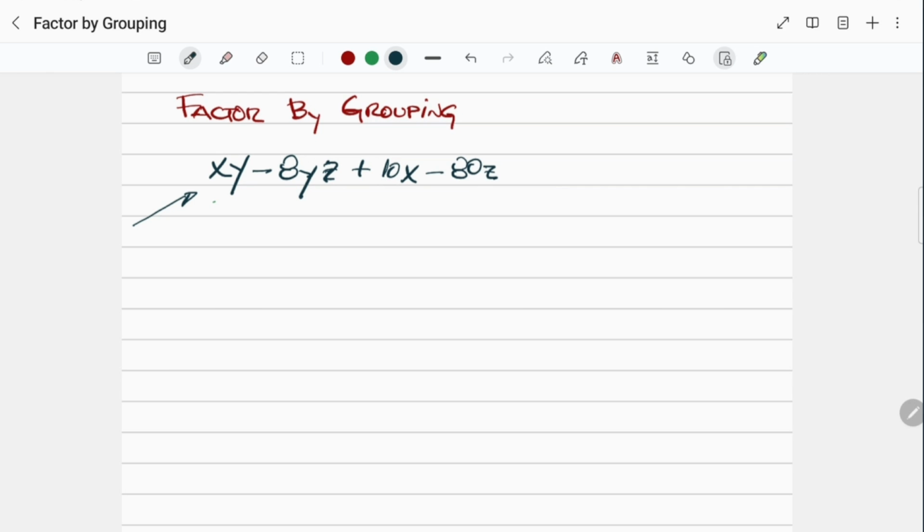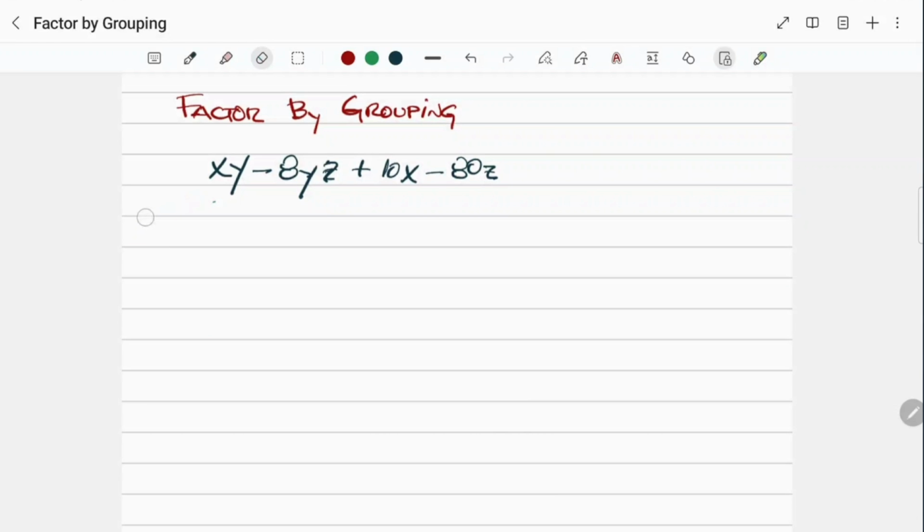The first point in any factorization of a polynomial is to factor out the GCF from all terms. In our case, after we review, we don't have any common factor.